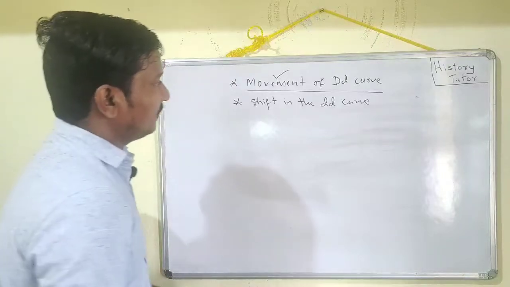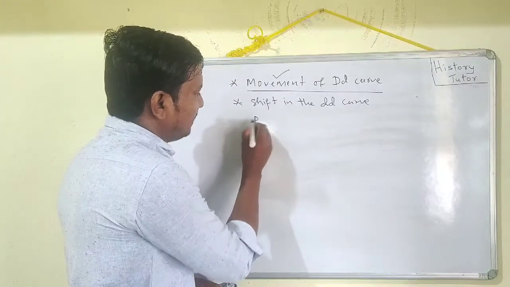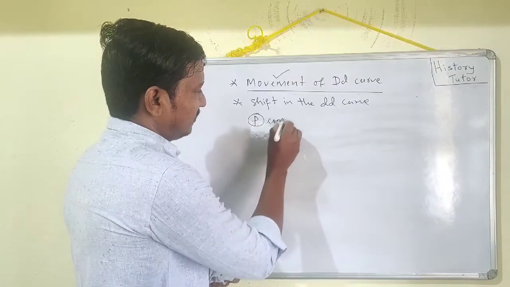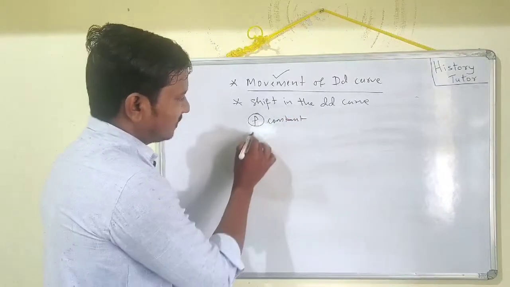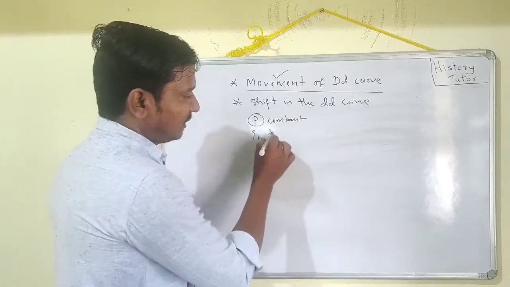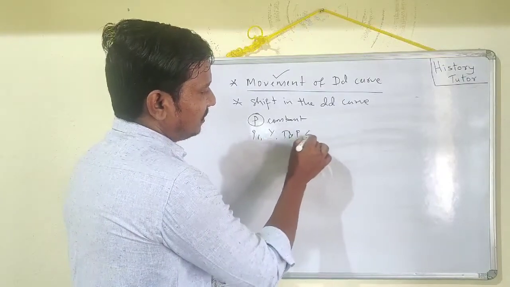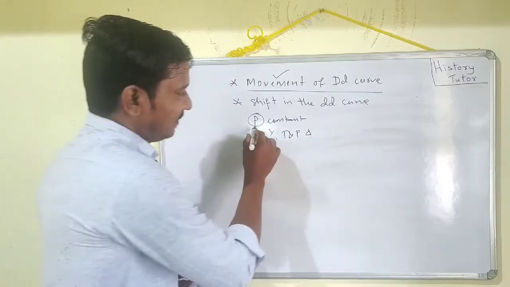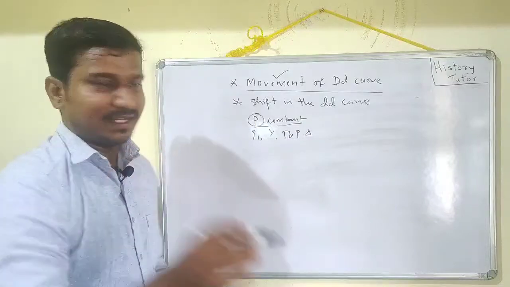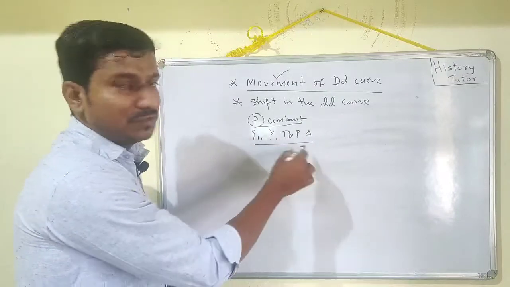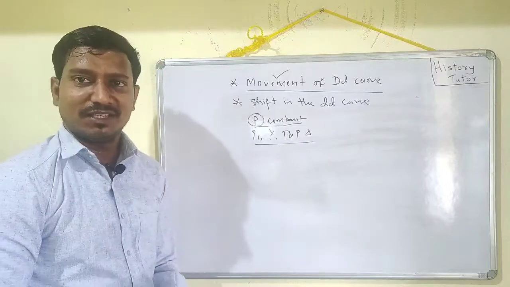Here, in case of a shift of the demand curve, price is assumed constant, and the price of the related product, income of the consumer, and taste and preference are going to change. Movement: change in the price. Shift: change in the price of the related product, income of the consumer, and taste and preference of the consumer.